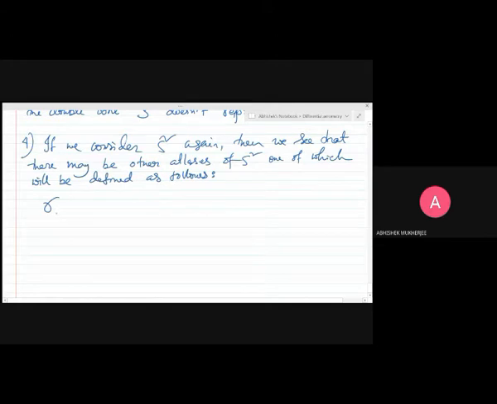So this can be represented as sigma x plus minus. It will be the set of all those points like square root of 1 minus y square minus z square, y, z, where y square plus z square is less than 1.